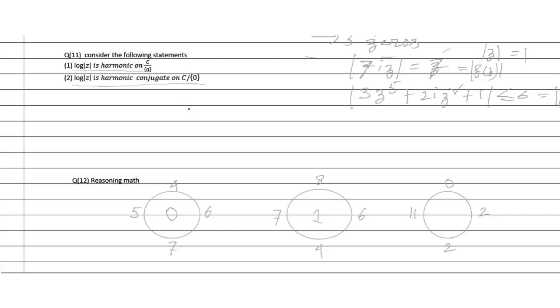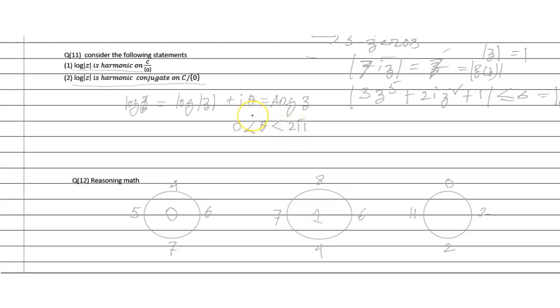So friends, log of z equals, argument principle wise, log of mod z plus i theta. Here i theta is equal to arg z, so 0 less than theta less than 2 pi.